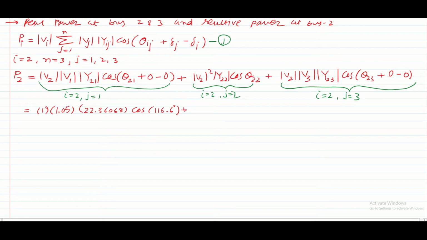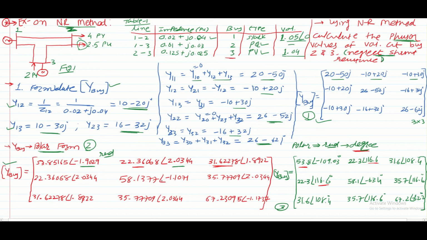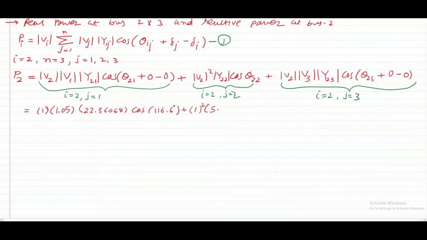Now again we will substitute the value of V2, which is 1 per unit, and Y22. Let me show you again Y22 from the matrix, which is 58.1377.